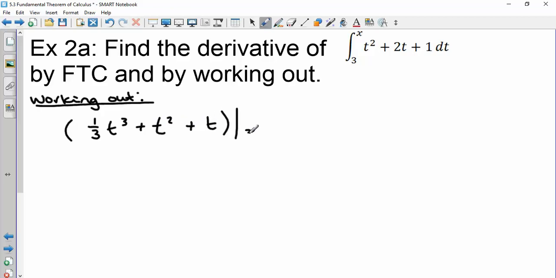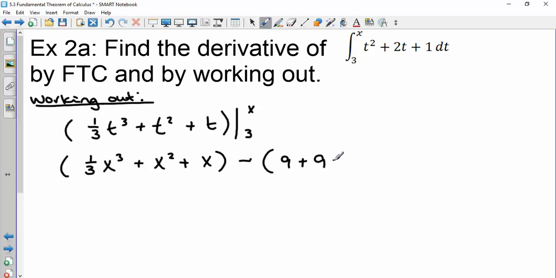We are integrating from 3 to x. So if I plug those in, I get 1/3 x cubed plus x squared plus x minus, when you plug in a 3, cubed is 27 times 1/3 is 9. 3 squared is 9 and 3.